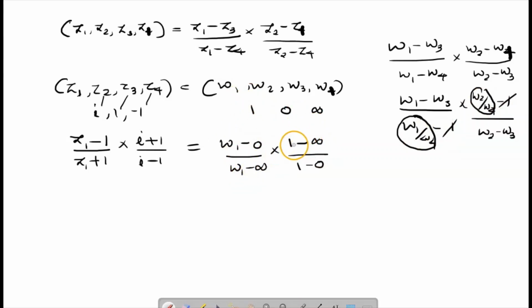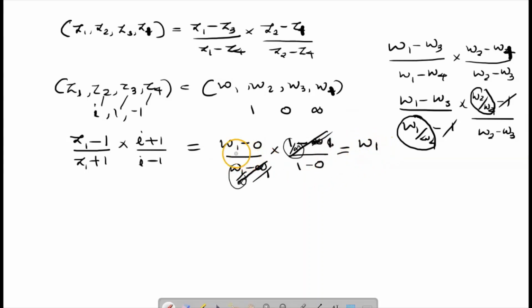That means we have 1 by infinity minus 1 and W1 by infinity minus 1. This term is 0 and this term is 0, because anything divided by infinity is 0. So this is minus 1 and minus 1, and the infinity term is cancelled. The term left is W1 divided by 1, that is W1.